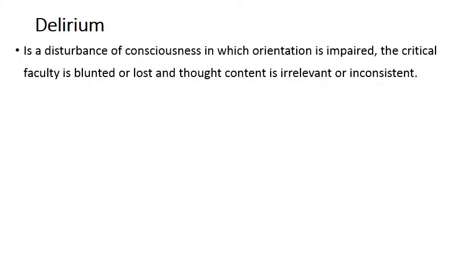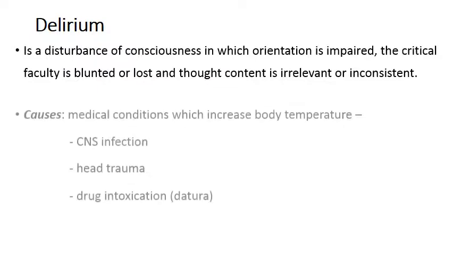Delirium. The next common term that is used in forensic psychiatry is delirium, most commonly used. So this delirium is nothing but a disturbance of consciousness in which the orientation of the person is impaired, the critical faculty is blunted or lost, and the thought content of a person becomes irrelevant and inconsistent.